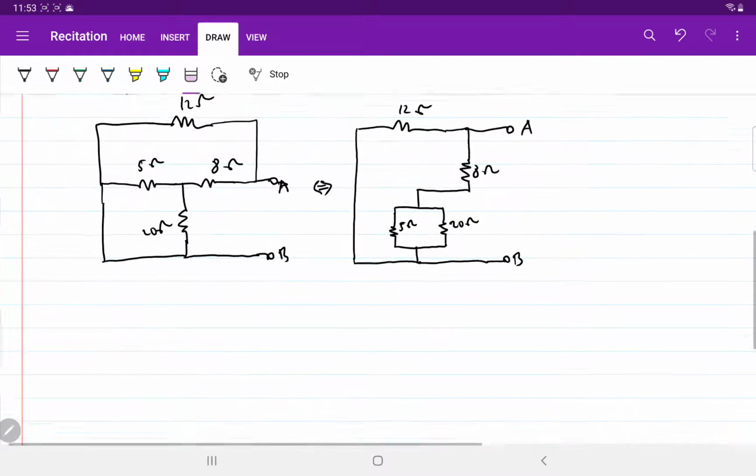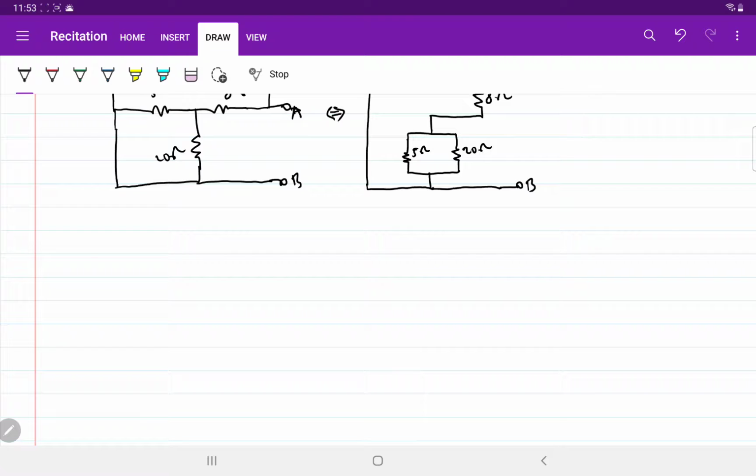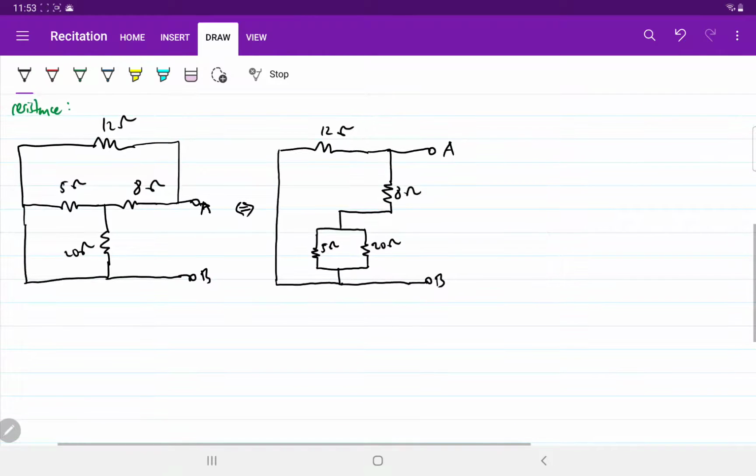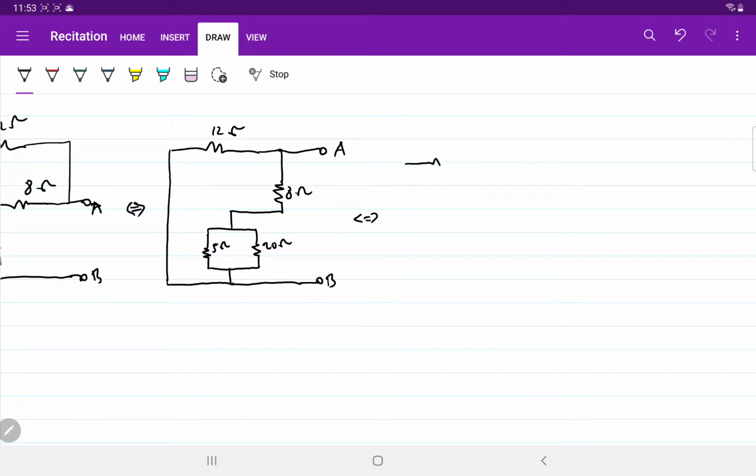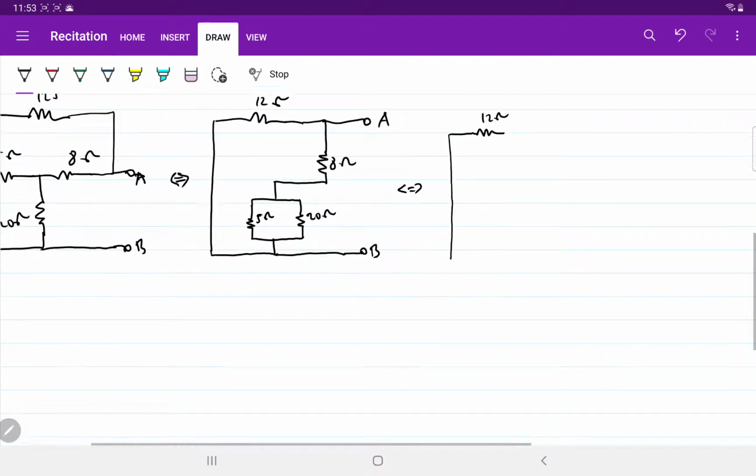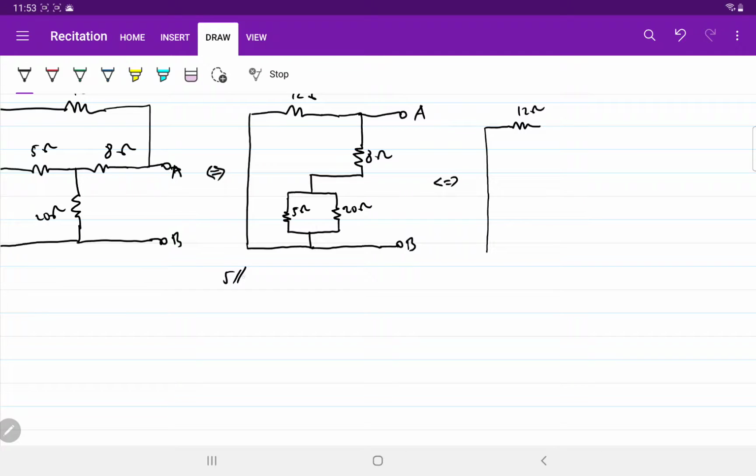Let's do it here. So we have 12 ohm, 5 and 20 in parallel, so 5 parallel 20 is 5 times 20 over 5 plus 20, right? 100 over 25, which is 4 ohms.